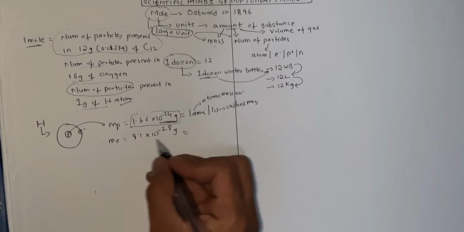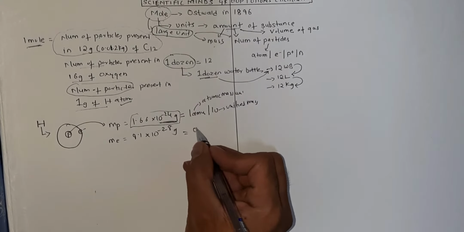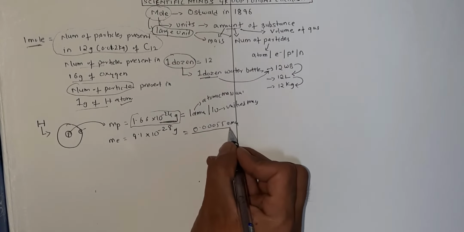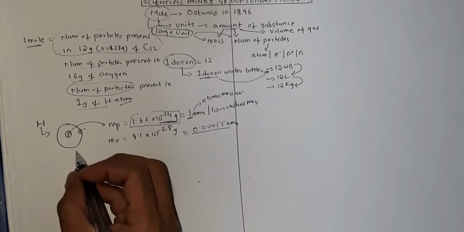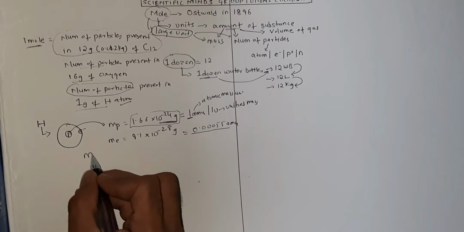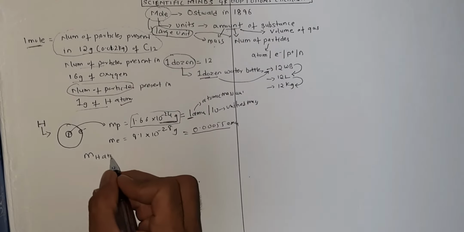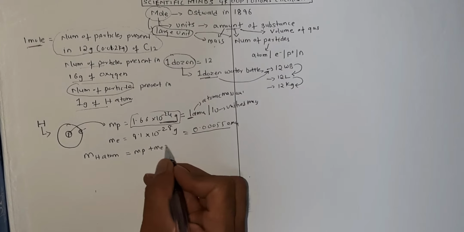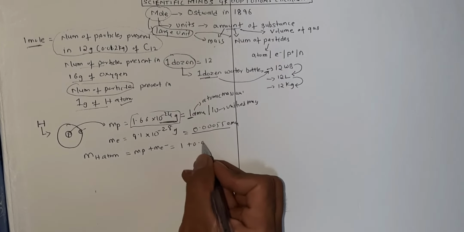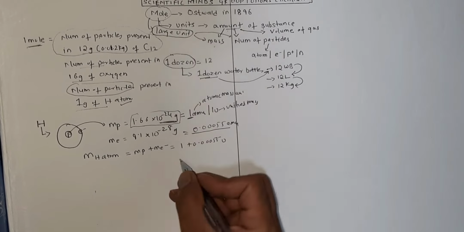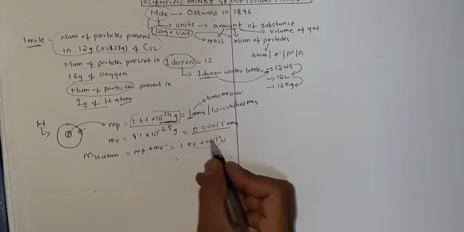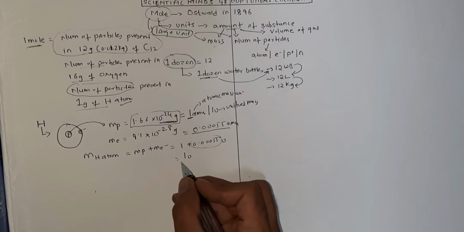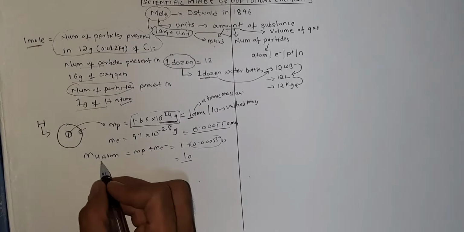So if I convert this into unified mass, the mass of an electron is about 0.00055 AMU, very little compared to the mass of a proton. So if I want to calculate the mass of one single hydrogen atom, that will be equal to mass of proton plus mass of electron, that is 1 plus 0.00055 U. If we neglect this part because it is very small, we consider 1 U, 1 AMU, as the mass of one single hydrogen atom.